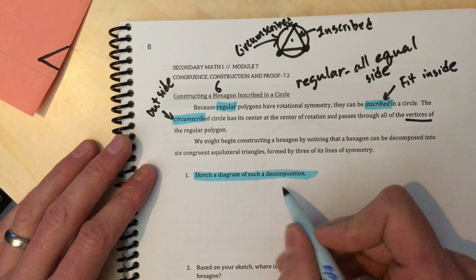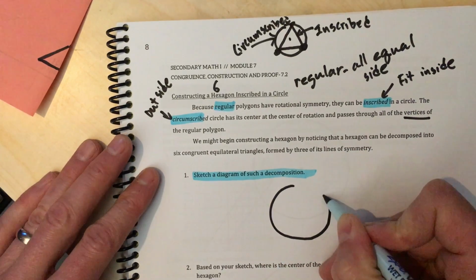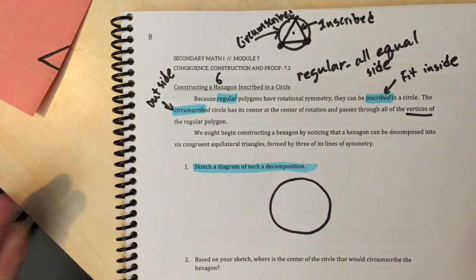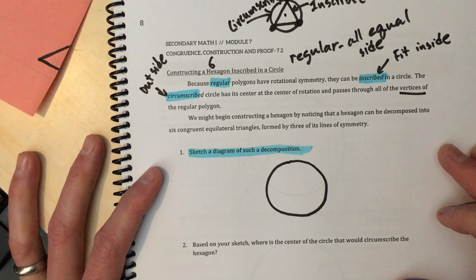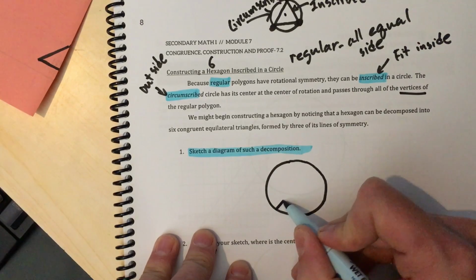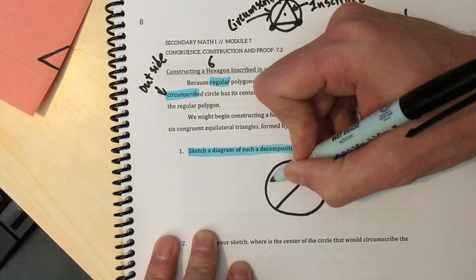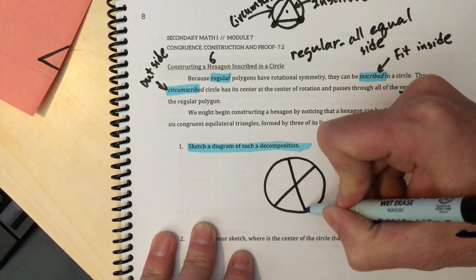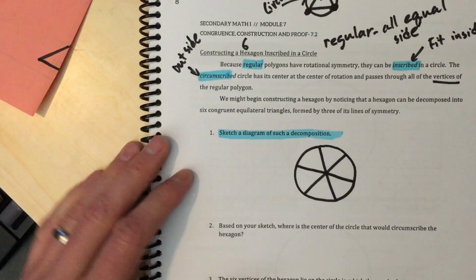I'm going to give you some tools to make perfect circles, but my circle is good enough for right now. You will have tools to do that in class. So we're going to make a circle, and we're going to make 6 equal lines going across our circle. So we have six parts to our circle.